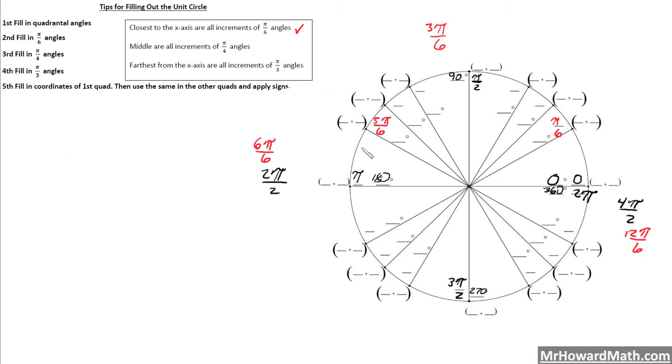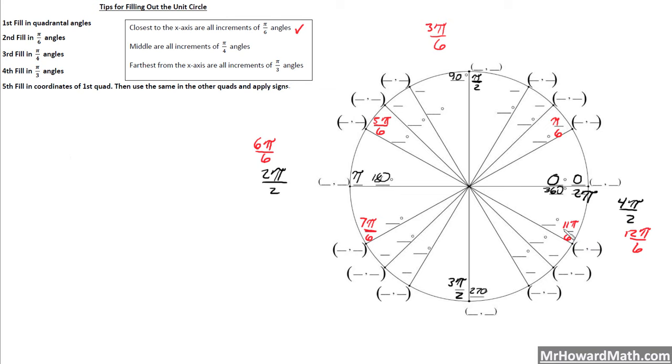This is 6 pi over 6 all the way to right here. So 1 more pi over 6 would be 7 pi over 6. All the way around is 12 pi over 6, so 1 less than that would be 11 pi over 6. Okay, so that's the radian measure.